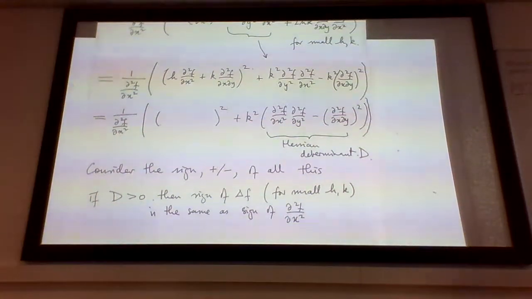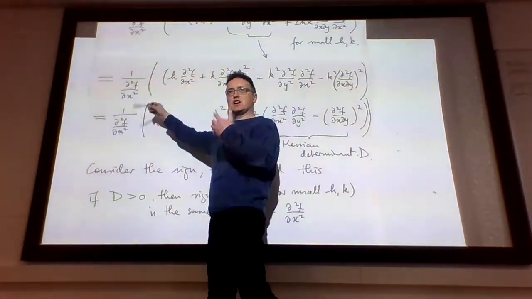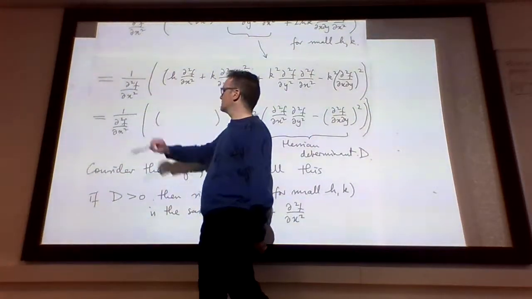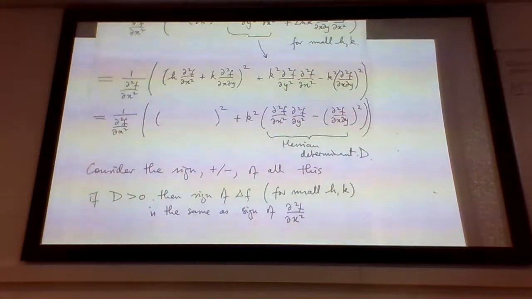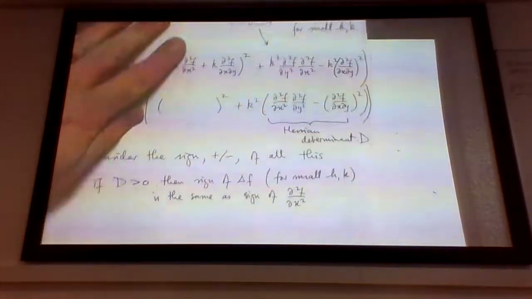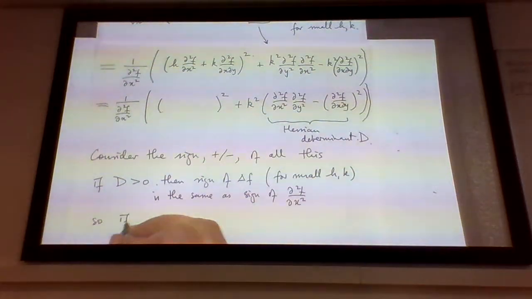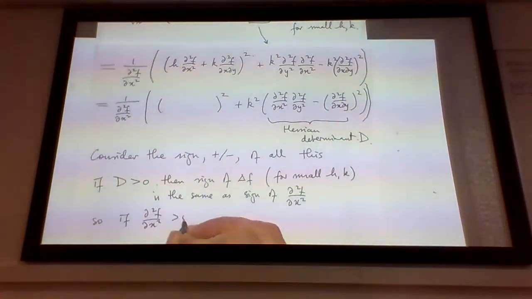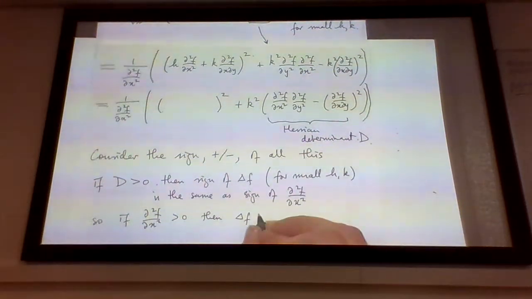Because it's sitting out here at the front, or its reciprocal, but reciprocal doesn't change the sign of something, multiplying some kind of non-negative number. So if this is positive, then delta F is positive for small h and k.